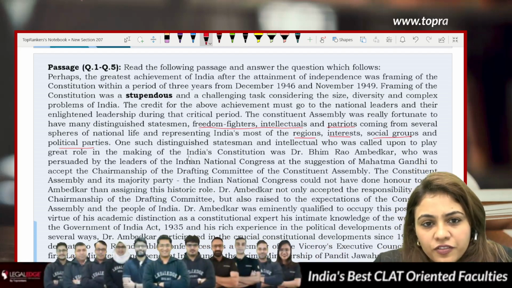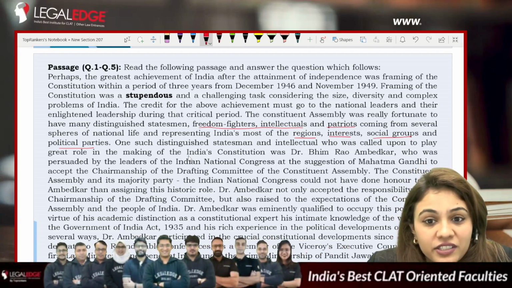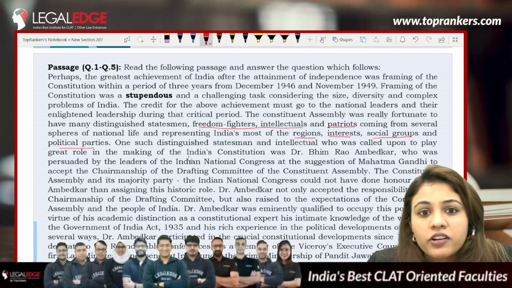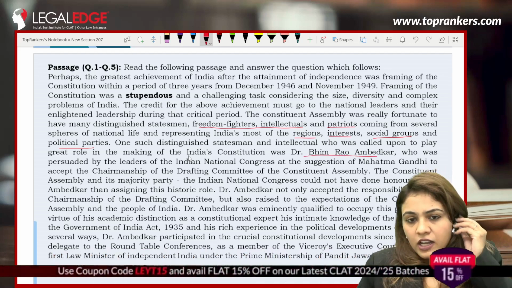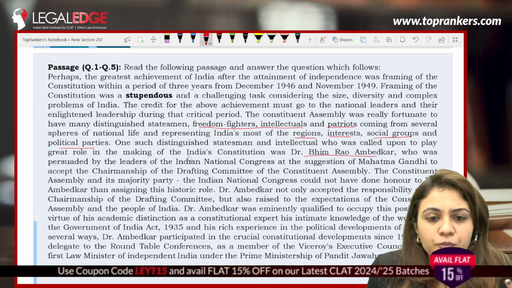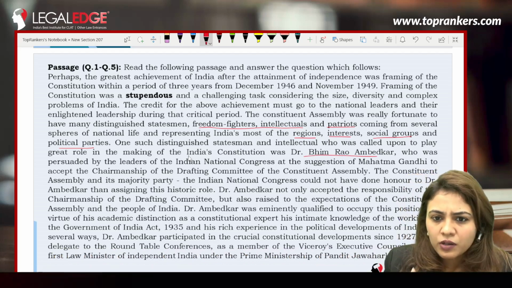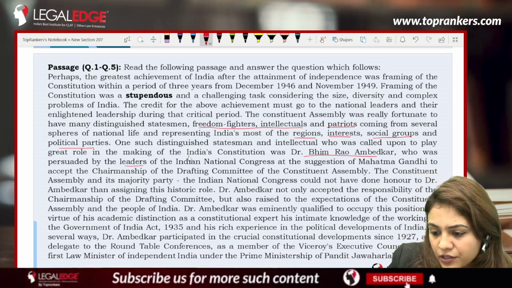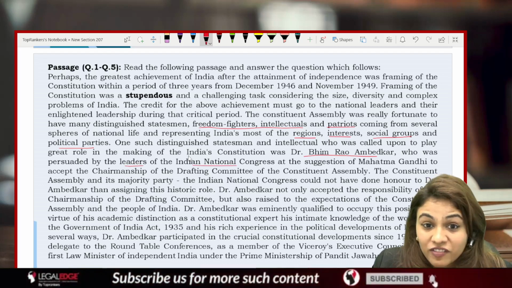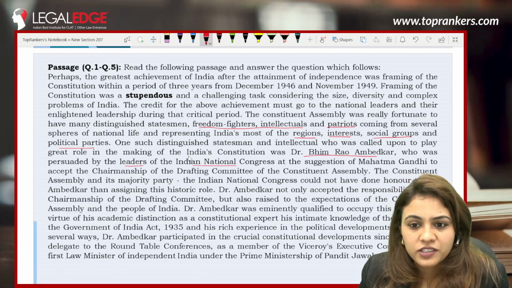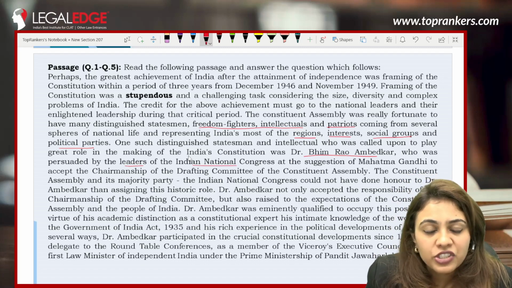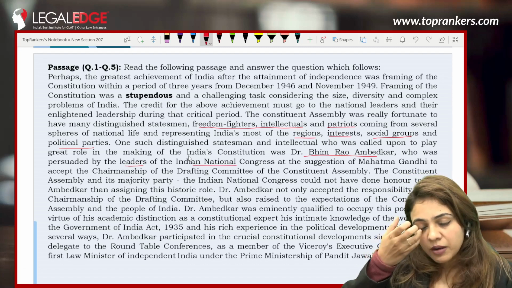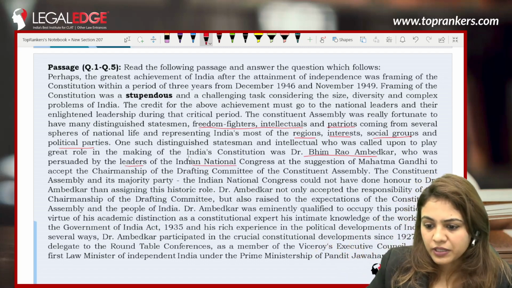And one of these distinguished statesmen, one extraordinary figure, was Dr. Bhimrao Ambedkar. Now, Bhimrao Ambedkar was persuaded, was convinced by our leaders of the Indian National Congress. उनको convince किया गया. Obviously, it was a suggestion of Mahatma Gandhi. और फिर उन्होंने ये जो chairmanship थी उसको accept किया of the drafting committee of the Constituent Assembly, as you can see.